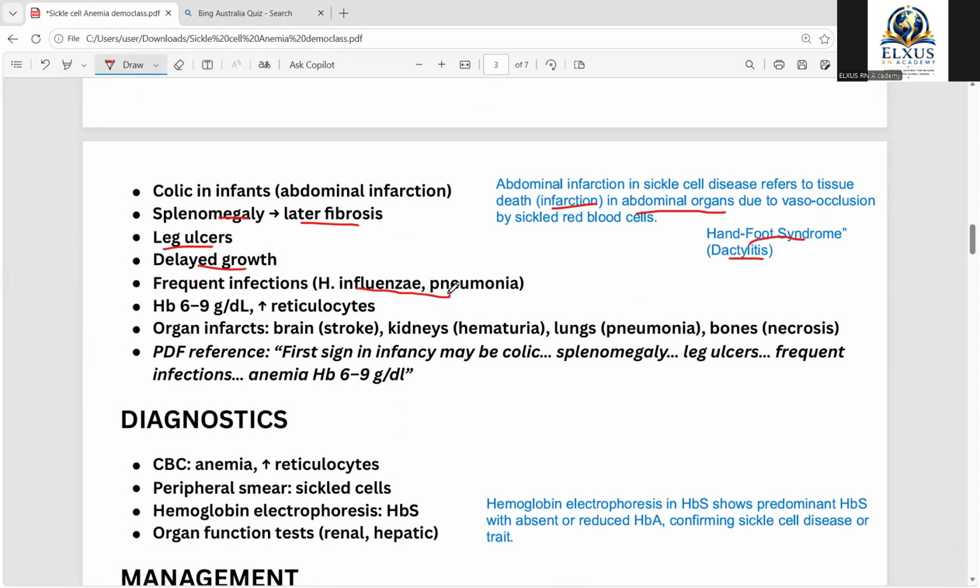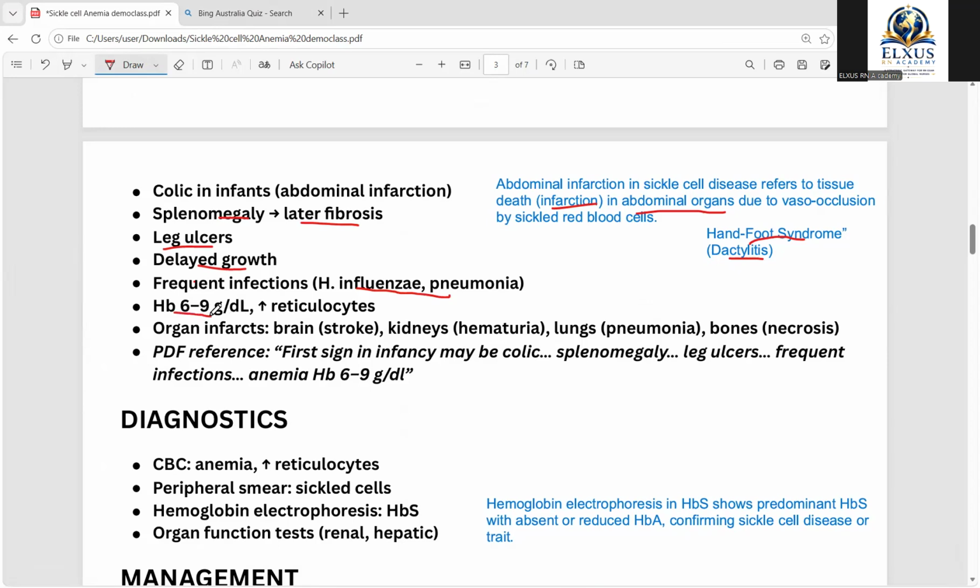That means the child will frequently get infections, and the level of hemoglobin will be low. Here the normal Hb is not present, because HbA is the normal hemoglobin, but instead of HbA the concentration of HbS is high, that is the sickled Hb.